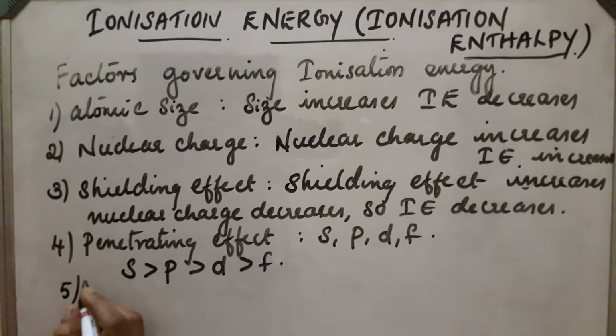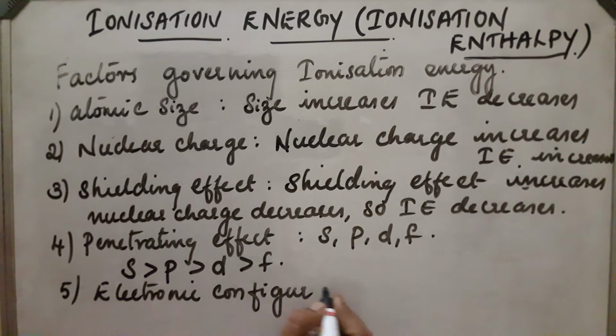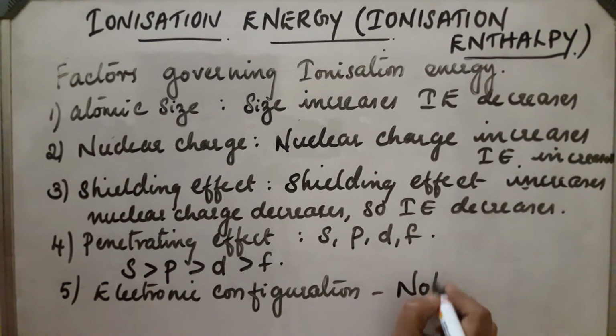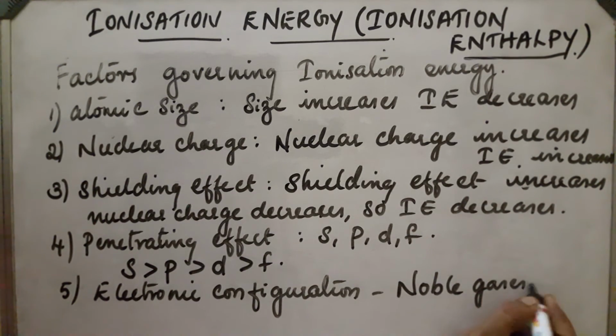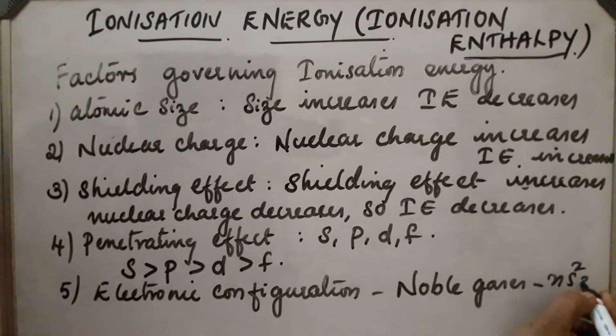Now, fifth one is electronic configuration. It is very difficult to remove the outermost electron from a stable electronic configuration. For example, noble gases have stable electronic configuration, ns2 np6, so ionization energy is more.